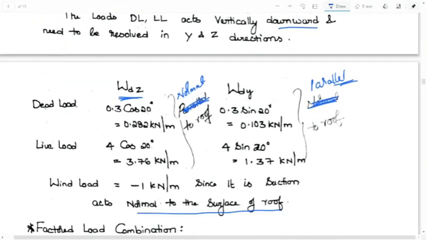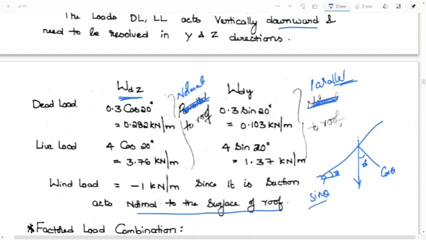So this is the rafter, and this angle is 20. This is the cos component, cos theta, and this is the sine component. So the Y components, that is, the loads acting perpendicular to the Y plane, are the sine theta components, as you can see, and normal to the roof are the cos components.